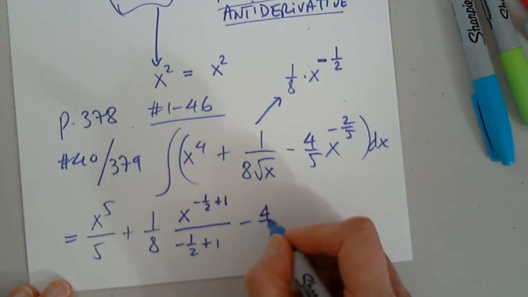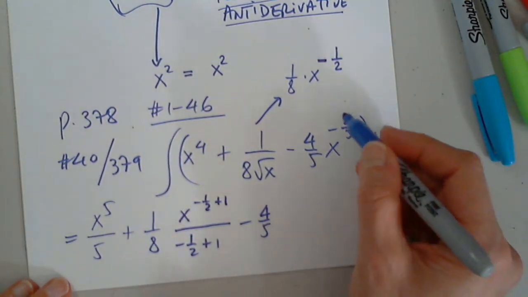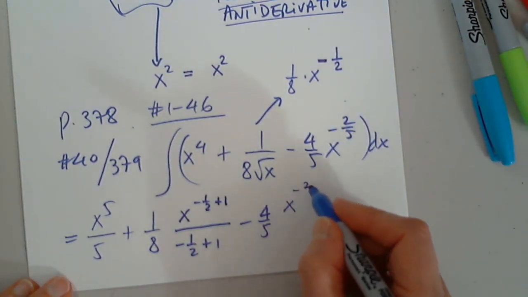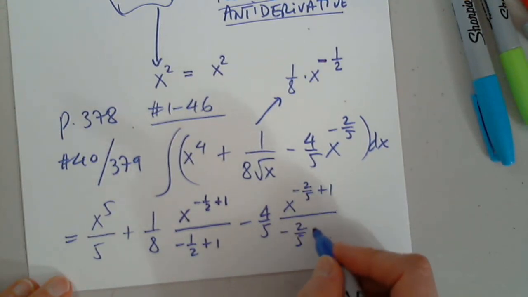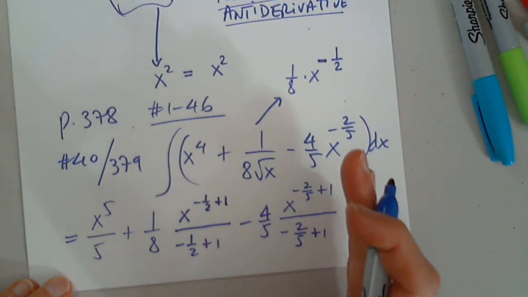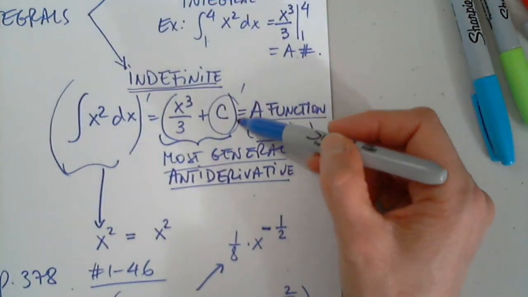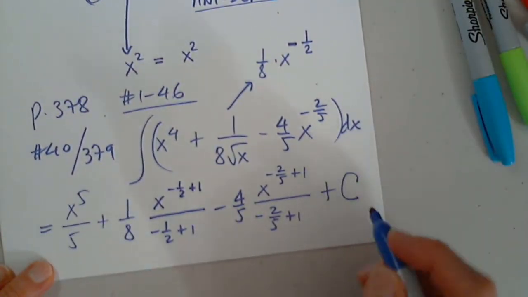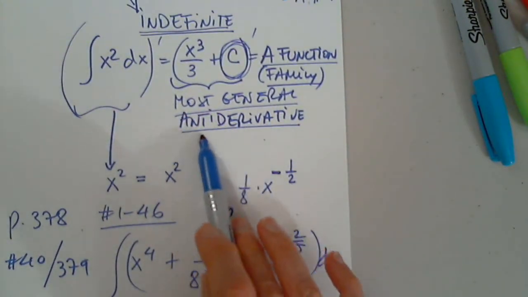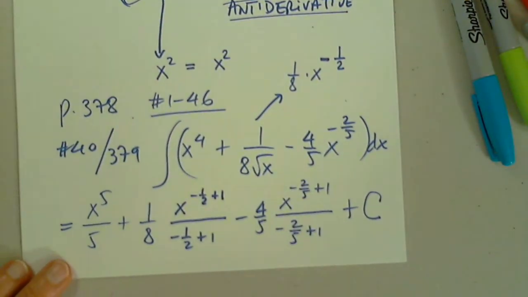Then I copy negative 4/5, and I do the same thing with this as negative 2/5 plus 1 over negative 2/5 plus 1. I cannot stop here. I need this: plus a constant c for the most general antiderivative.